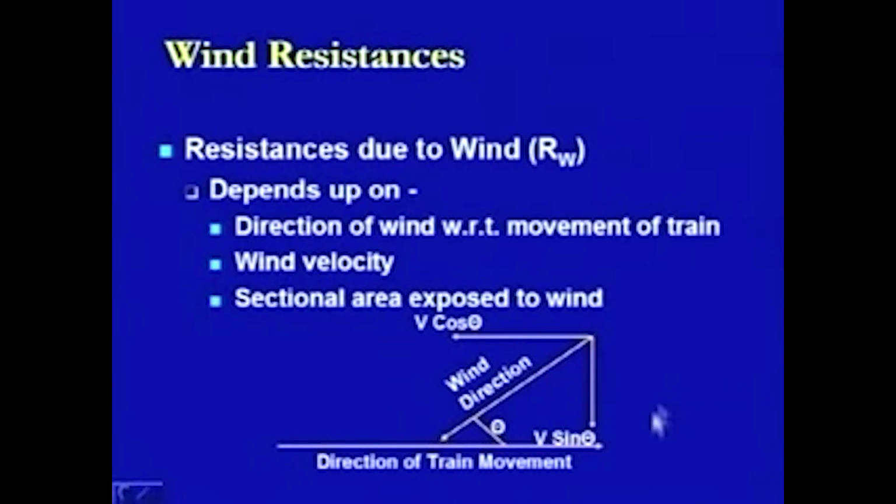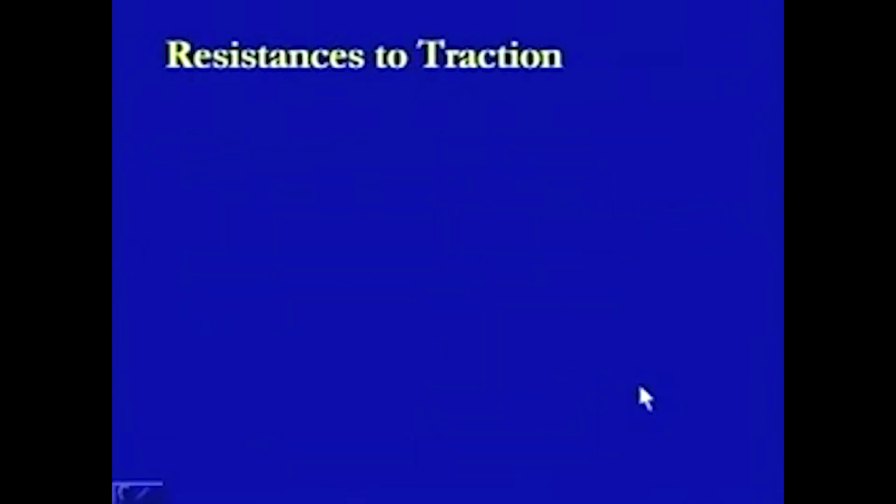In that sense, if the train is moving like this and there is a wind which is coming in this direction at an angle of theta with the movement of the train, then there will be two components, one is v cos theta, another is v sin theta. The v cos theta directly creates an effect as a resistance from the longitudinal direction, opposite to the movement of the train, and v sin theta is a push which comes from the transverse direction on the vehicle.